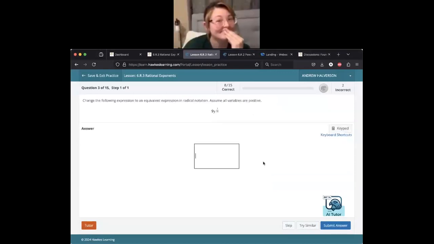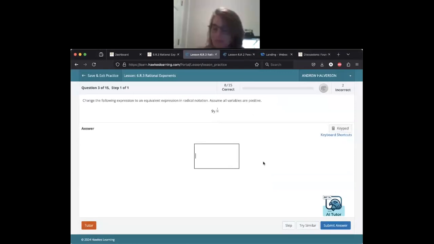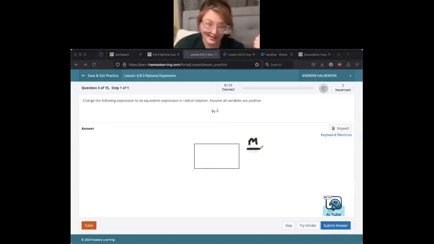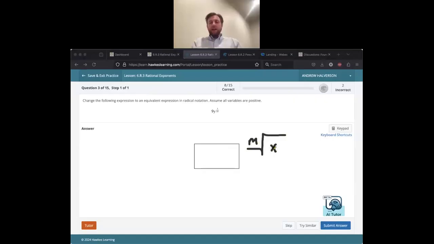Okay, now this one says they want you to go in the other direction. Take the exponential expression, the expression with an exponent, and write it with radical notation. So you flip it backwards, right? We told you that the m root of x to the n converts to a fractional exponent.